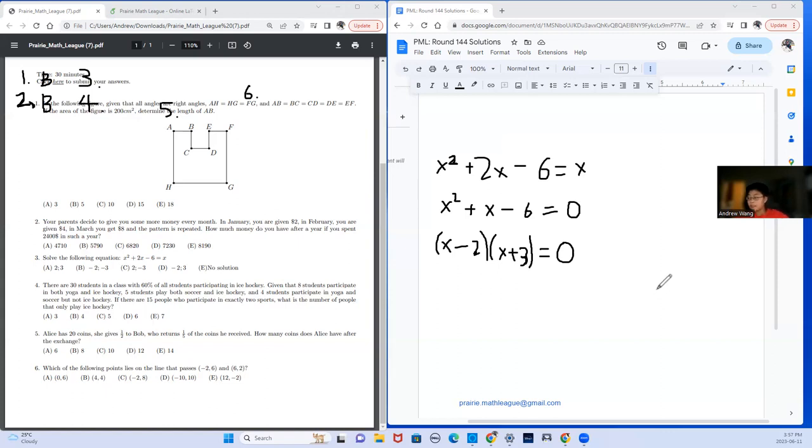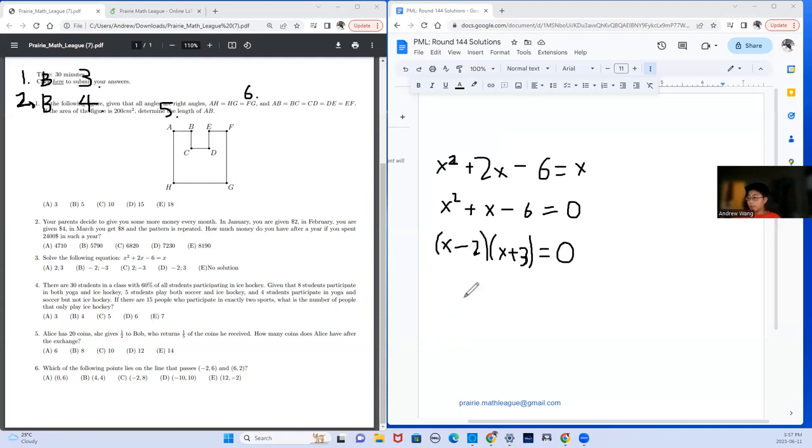And since this left side equals the right side, that means x minus 2 times x plus 3 will equal 0. So the only way to make the equation equal 0 is if one of the brackets is 0, so that when it's multiplied by the other, the entire thing is 0.